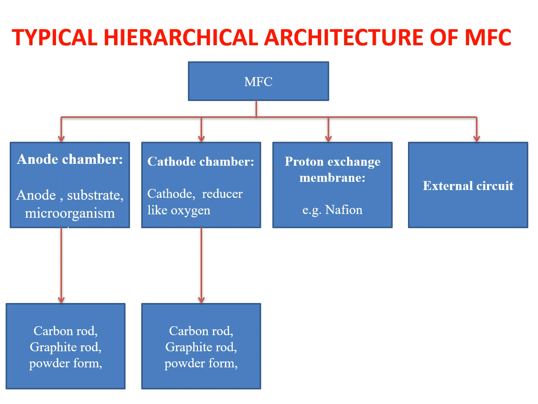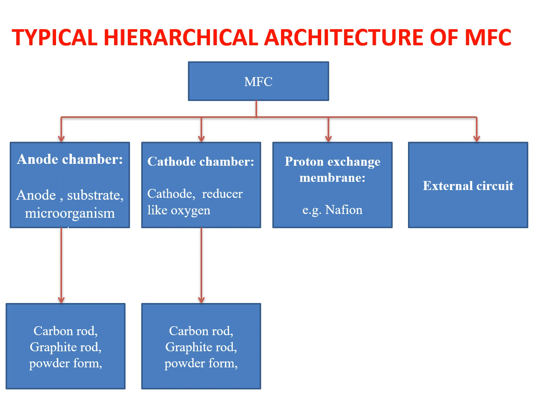Typical hierarchical architecture of MFC. Basically, MFC consists of an anodic chamber, a cathodic chamber, a proton exchange membrane, and external circuit. The anodic chamber consists of anode, substrate, microorganisms. Cathodic chamber consists of cathode and a reducer like oxygen.